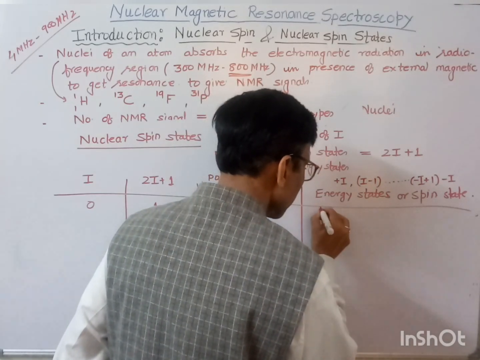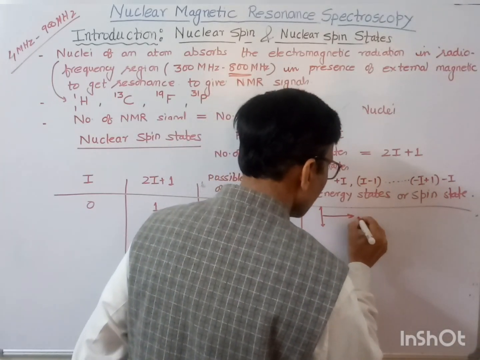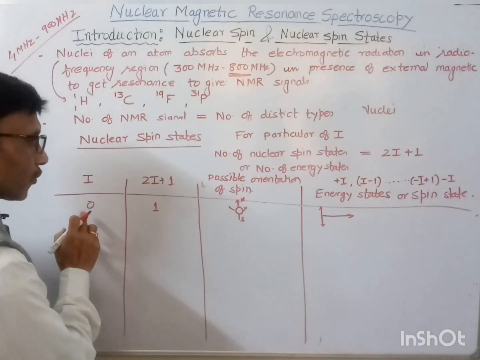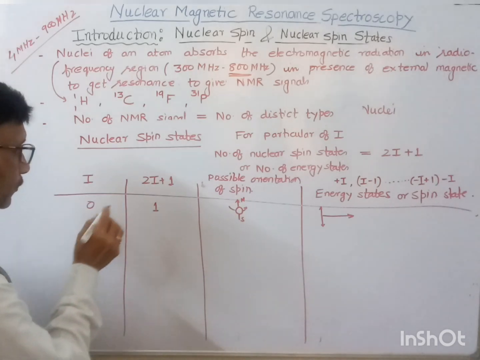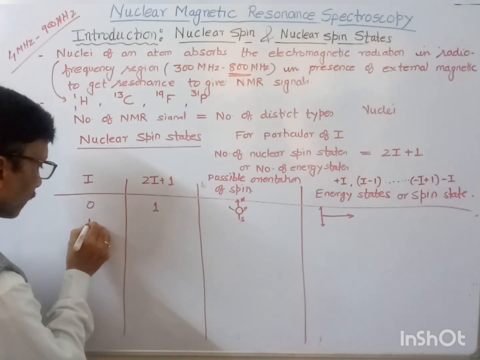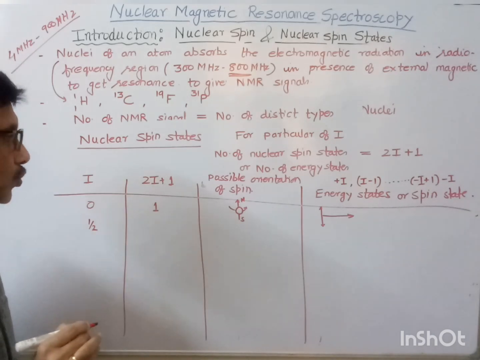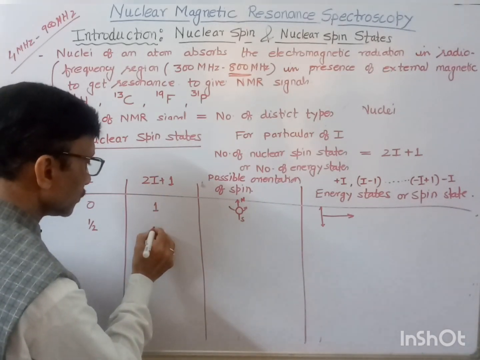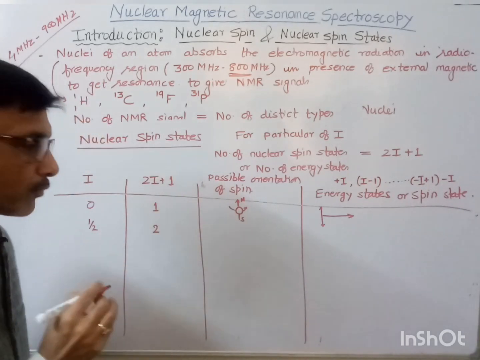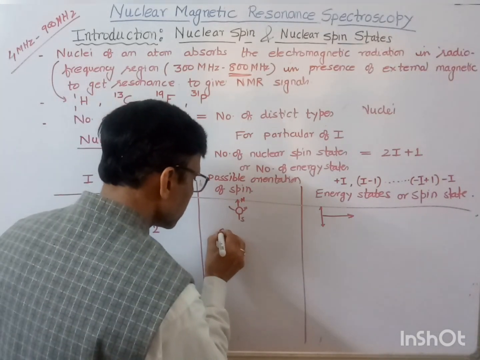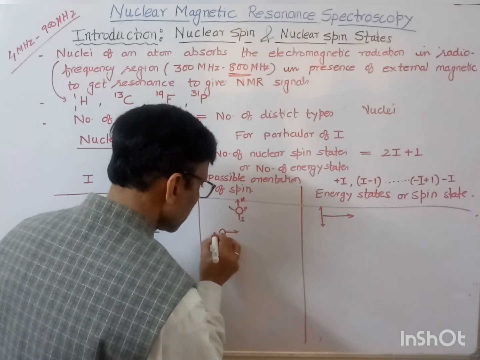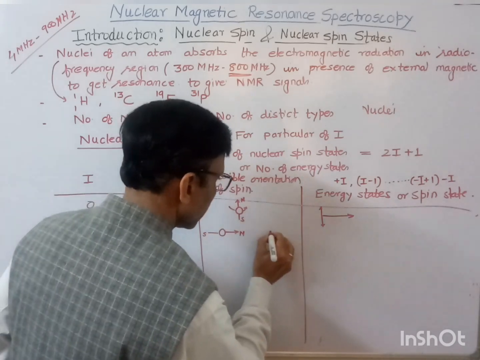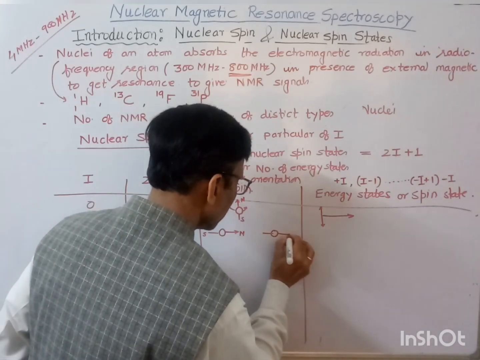Now suppose I is equal to half. The 2I plus 1 value is equal to 2, and the possible orientations are this one, north, south, and this would be another orientation.